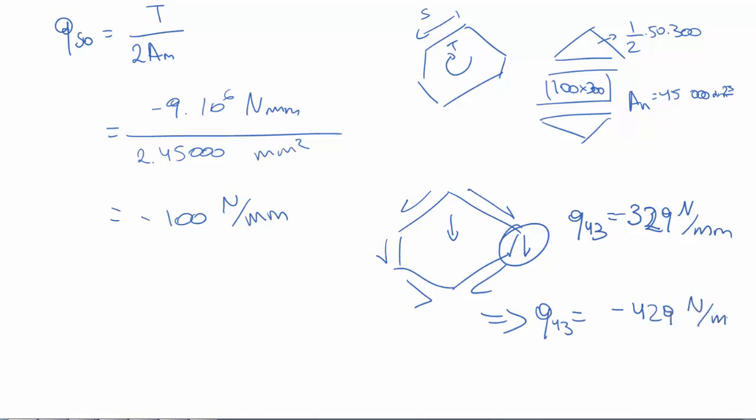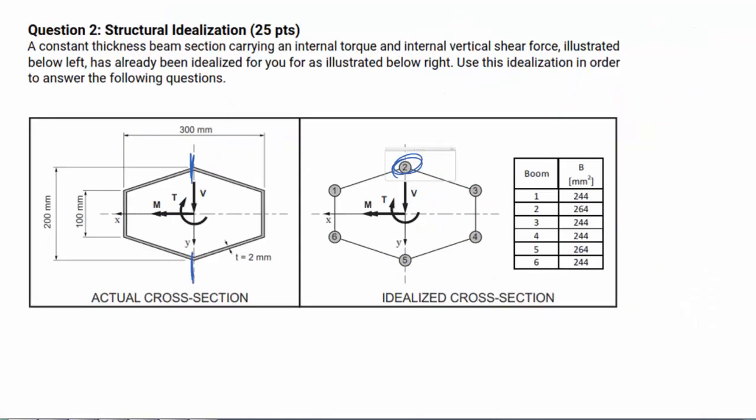Now remember that in order to calculate the shear stress from the shear flow, we have to go back to the original section. In the original section, the thickness of all the walls was given to be 2 millimeters.